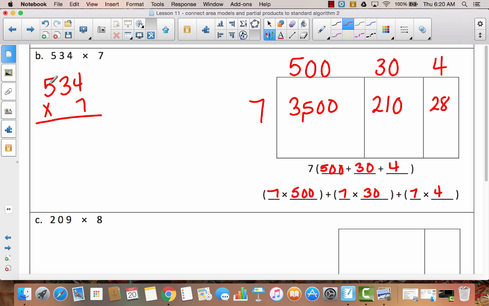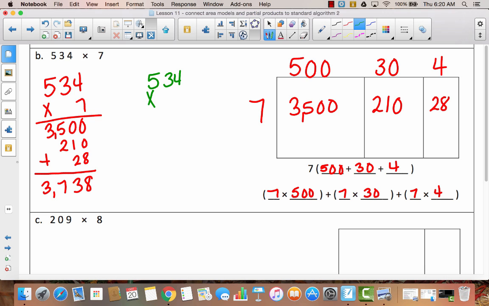So first we did 500 times 7, which was 3,500. 3 tens times 7, which was 21 tens. And then we did 4 ones times 7, which was 28. And now all we have to do is add all of our partial products together. So we have 8, 3, 7, and 3. 3,738.